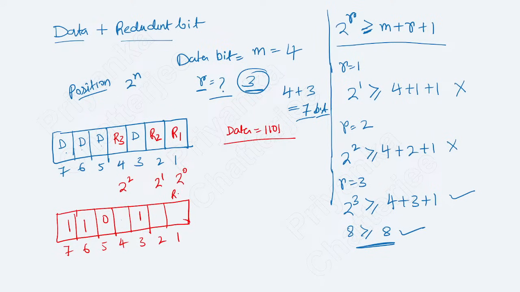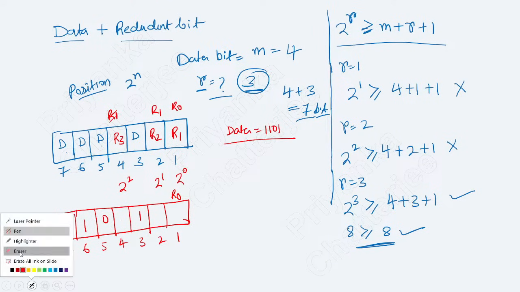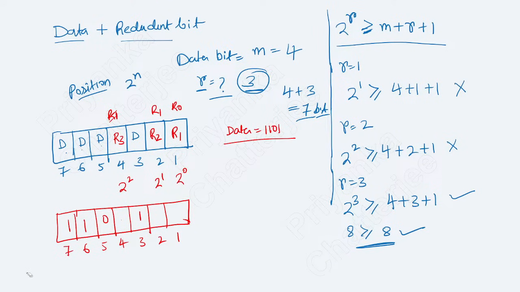Now this is your R0 position; these are R0, R1 and R2. You can write R1, R2, R3 or R0, R1, R2, anything. Whatever your choice, you can do it; there is no binding.